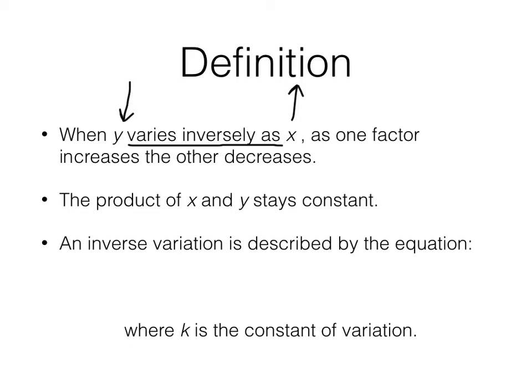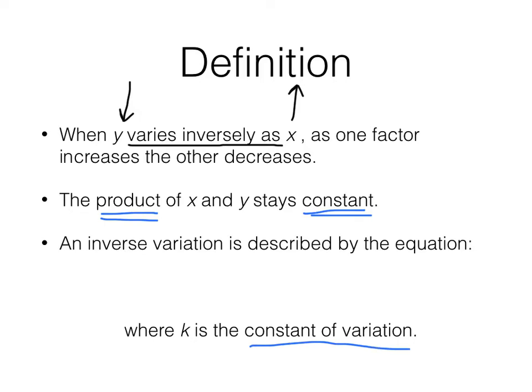And when we say that, it's the absolute values of the numbers that act that way. With regard to things like negatives, it does act a little bit funkier, but generally as x increases, y decreases. The product of x and y is what stays constant. In fact, that product is equal to the constant of variation, and we'll talk about that in a second.